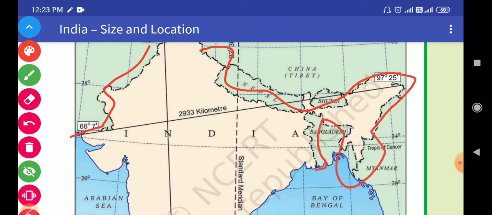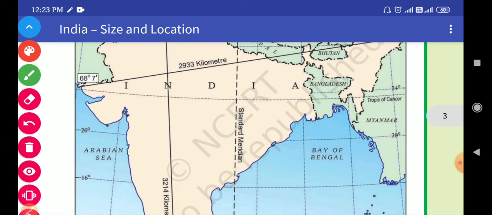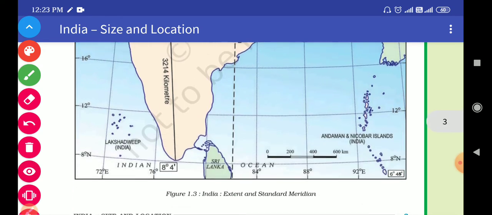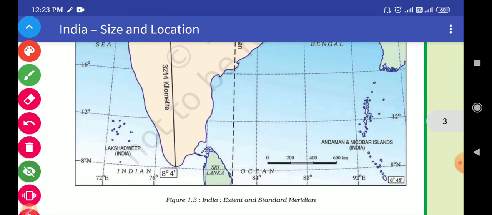The total land boundary of India is 15,200 kilometer. Now what about the coastal line? You see the southern part, as I mentioned earlier, this is the coastal line. Here the total coastal line is 7,516.6 kilometer, in which we have also included the Andaman and Nicobar Island coastline.